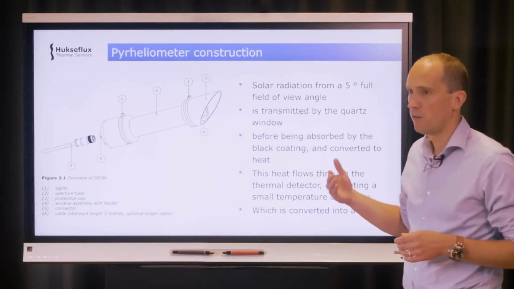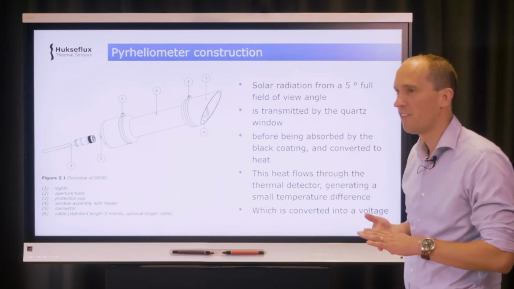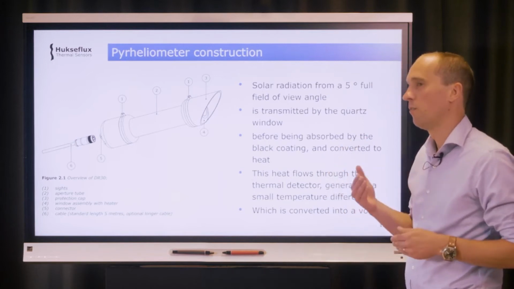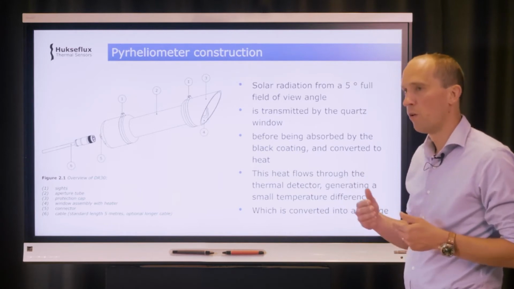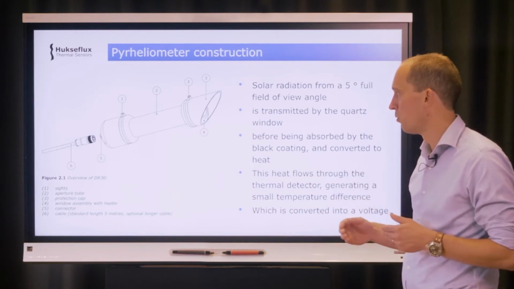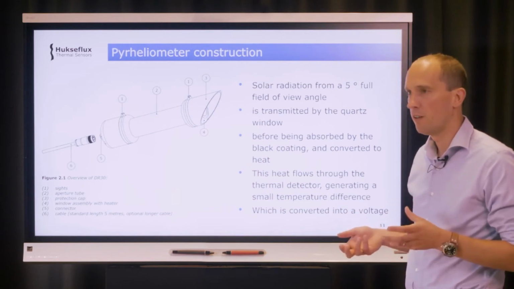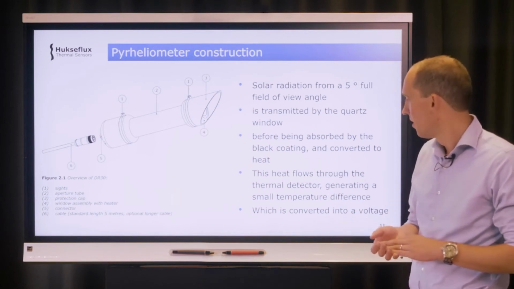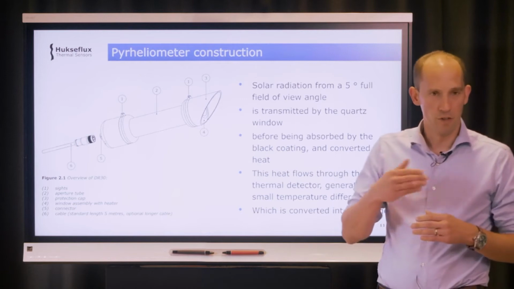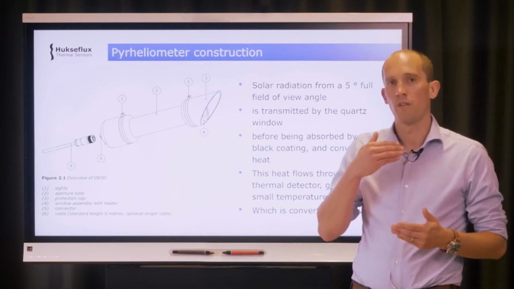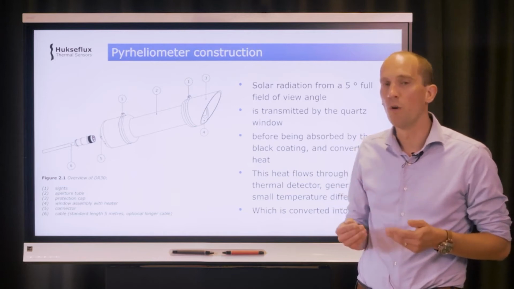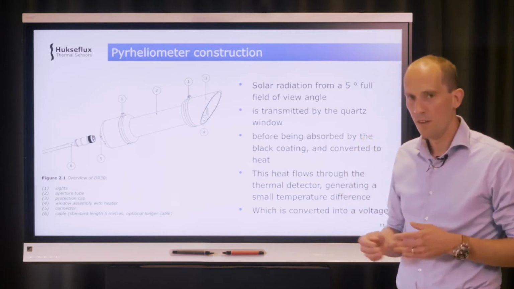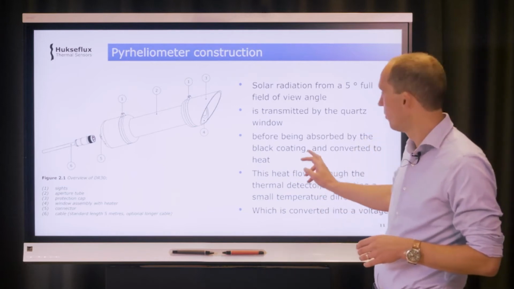This coating will be hit by the transmitted radiation, and again the coating will absorb the radiation and convert it into heat, which will flow through a thermal detector towards the aluminium heatsink behind the detector. Again, the temperature difference that is established over this thermal detector is transferred into a small voltage. So very similar working principle.